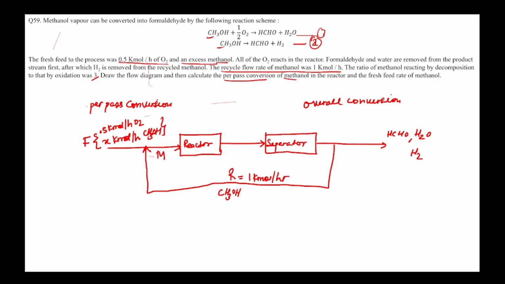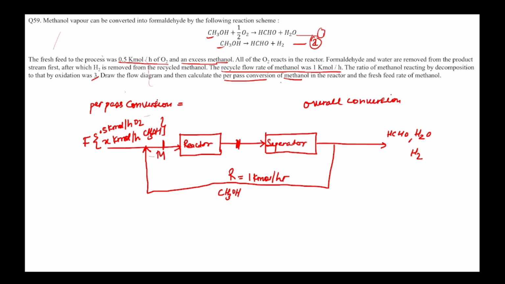Okay. So per pass conversion means on the basis of the limiting reactant. So here it is methanol: methanol in the feed of the reactor minus methanol at the exit of the reactor, upon the feed of the reactor. So per pass conversion on the basis of limiting reactant.